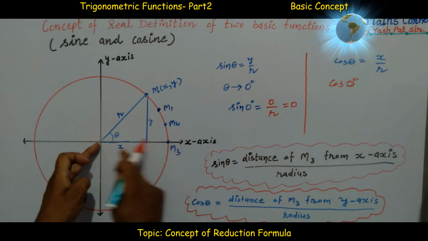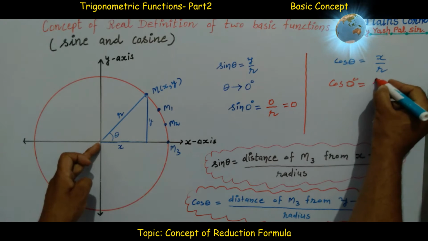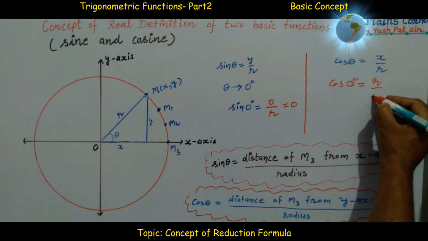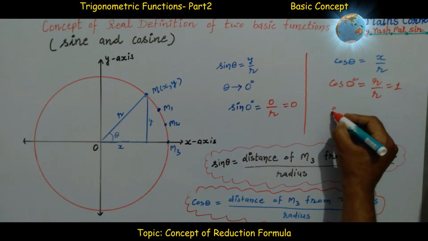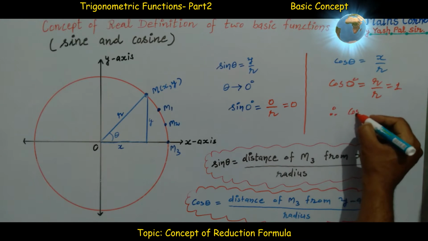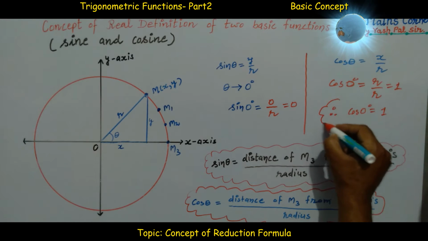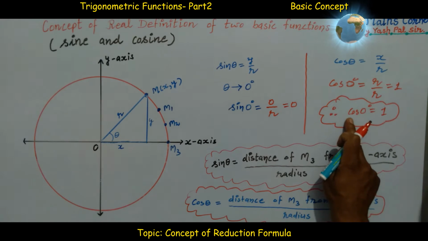Of course, this is also the radius, so r. r divide r is equal to 1. So we say that cos 0 degree value is 1. This is the conclusion. This was our question: why cos 0 is 1?